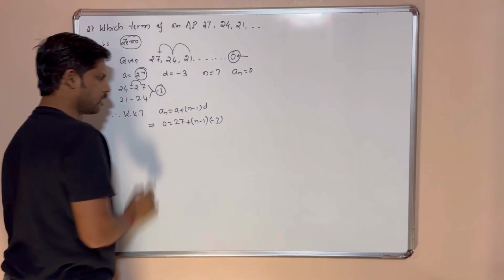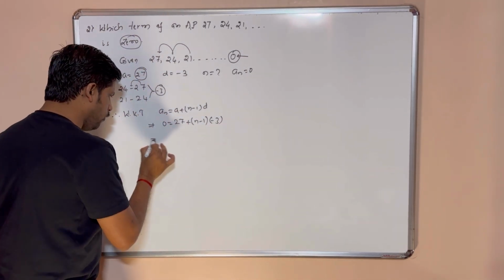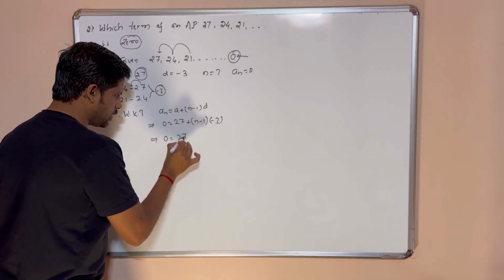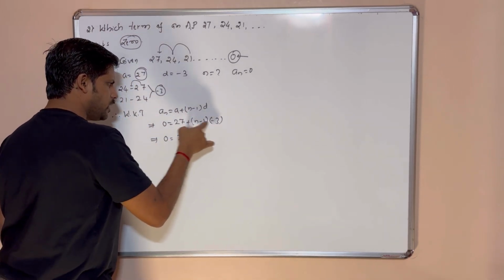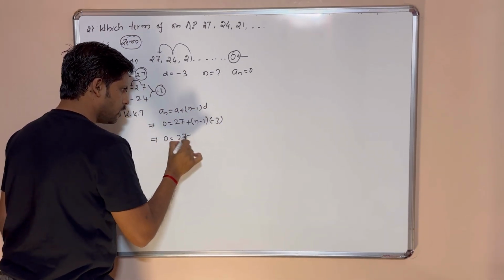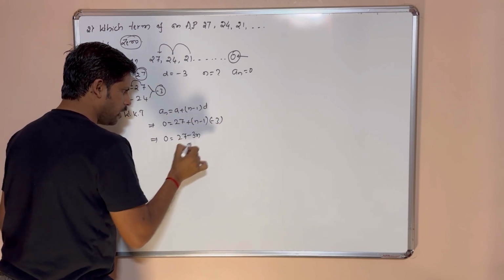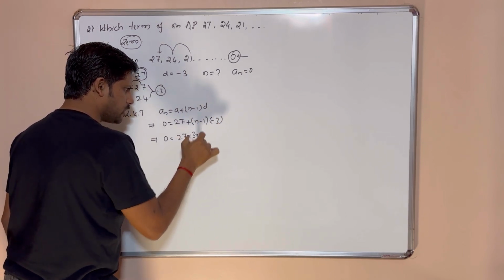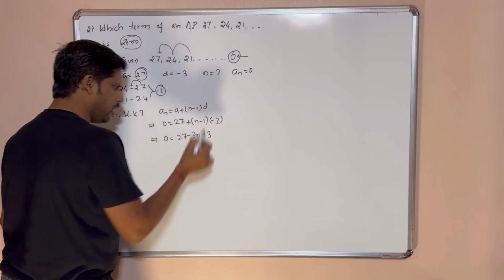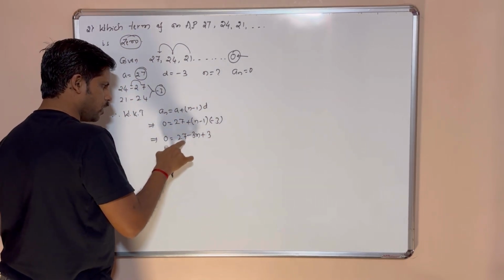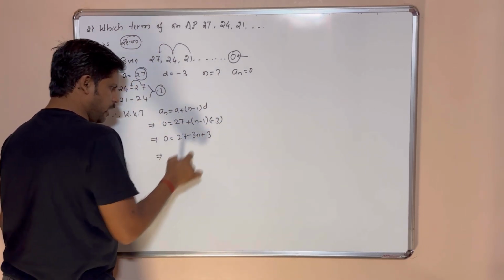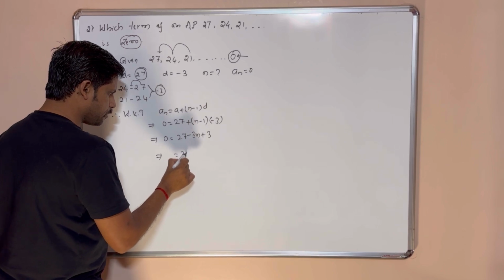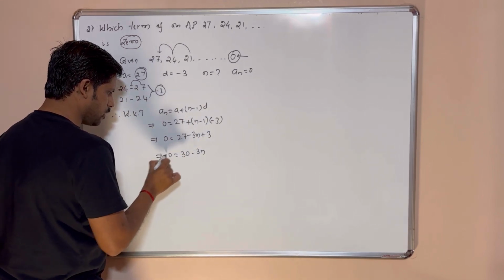Now remove the bracket. We get 0 equals 27 plus, minus into minus 3 into n, minus 3n, minus into minus plus 1 into 3, 3. So this implies 27 plus 3, 30, minus 3n is equal to 0.